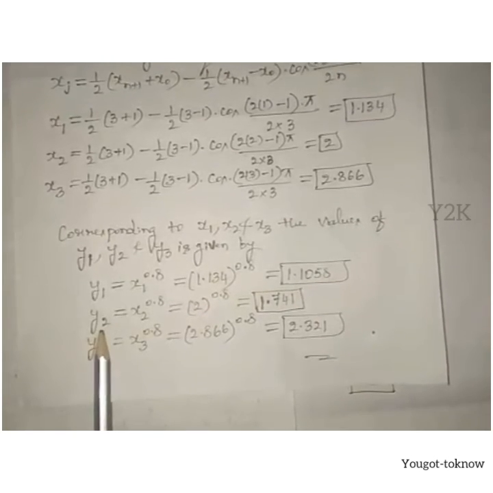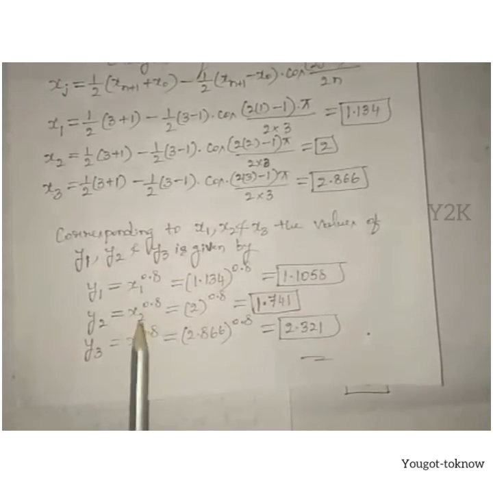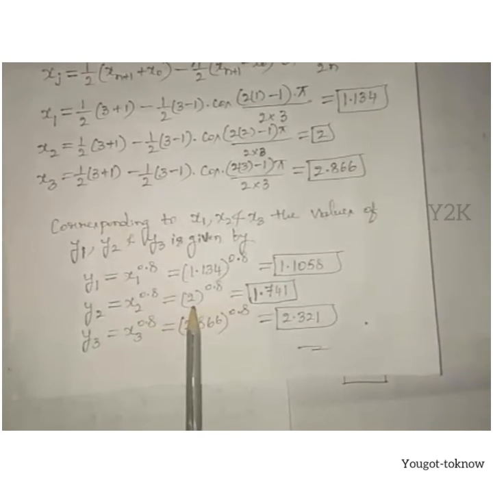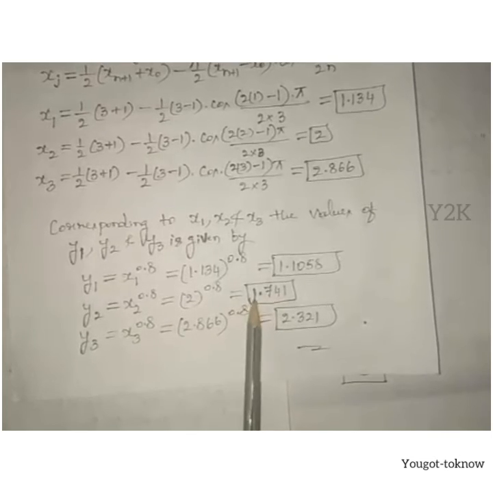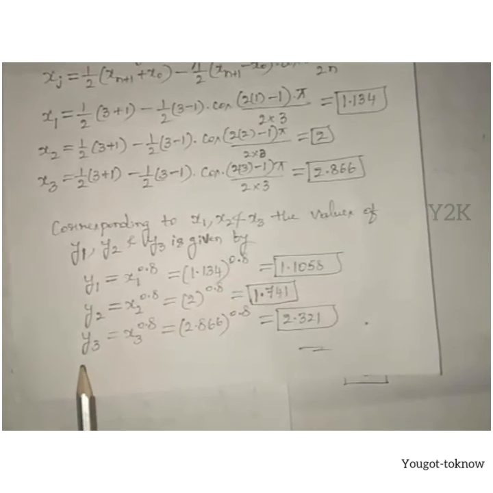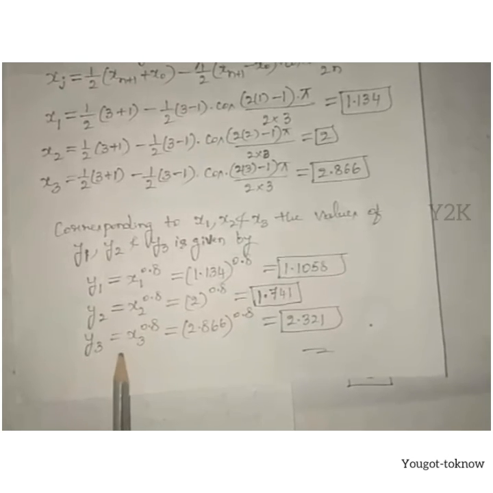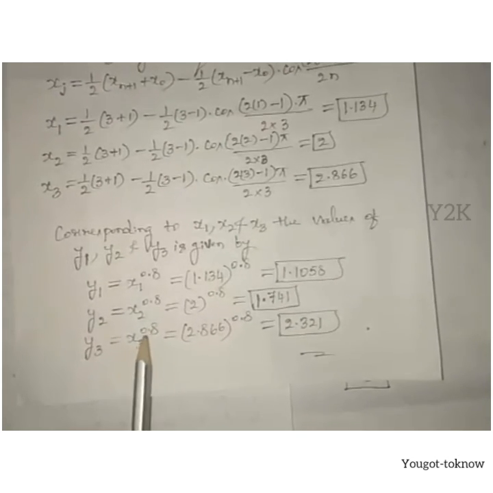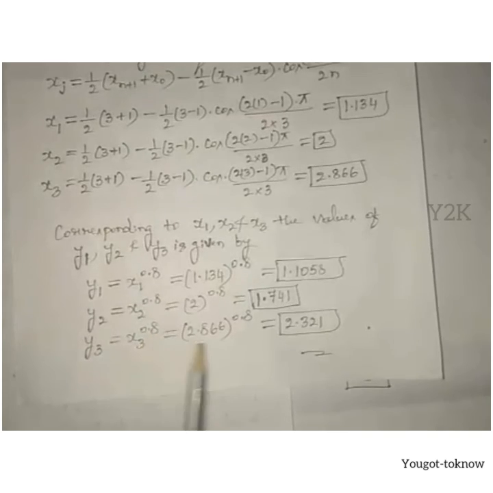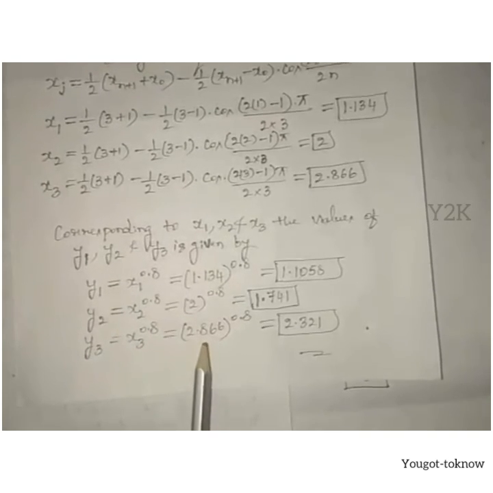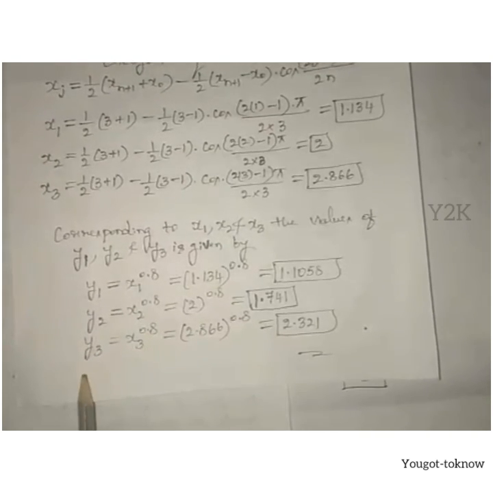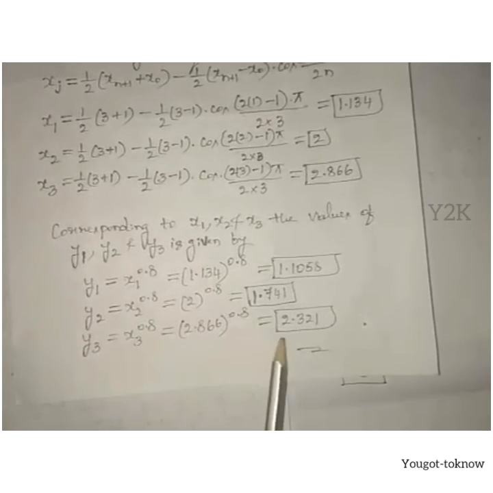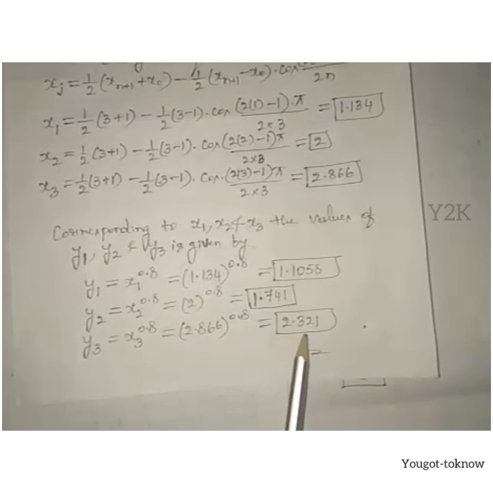Similarly, y2 equals x2 to the power of 0.8. Substitute the value, simplify, we get 1.741. Similarly, y3 equals x3 to the power of 0.8. Substitute the value, then simplify, then we get the value of y3 equals 2.321.